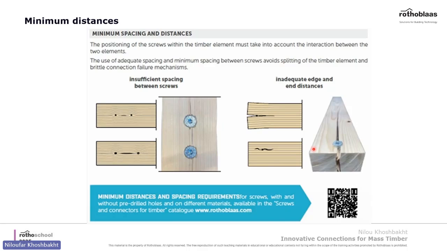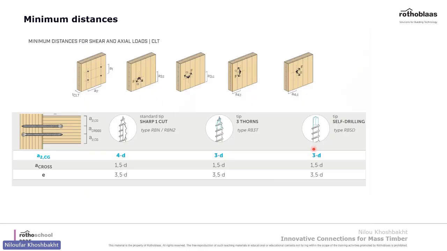So we also developed minimum distances for CLT connections with our new technology. As you see here, this is a standard tip of the screw. This is our pre-torn tip and also self-drilling tips. As you see, the minimum spacing A2 for standard screws is around 4D, and with the new pre-torn tip, it decreases to 3D, and also with the self-drilling tip.